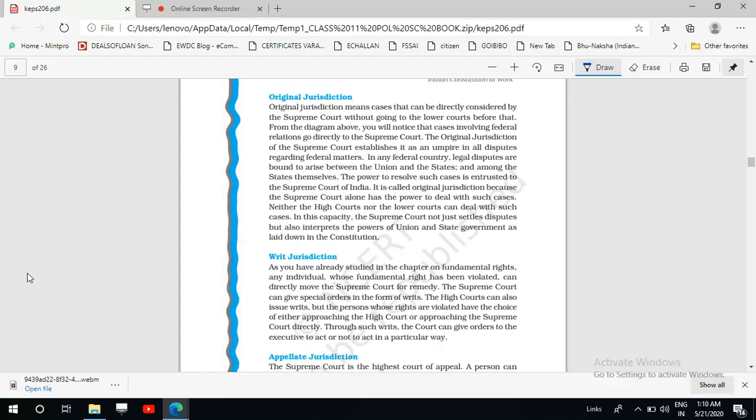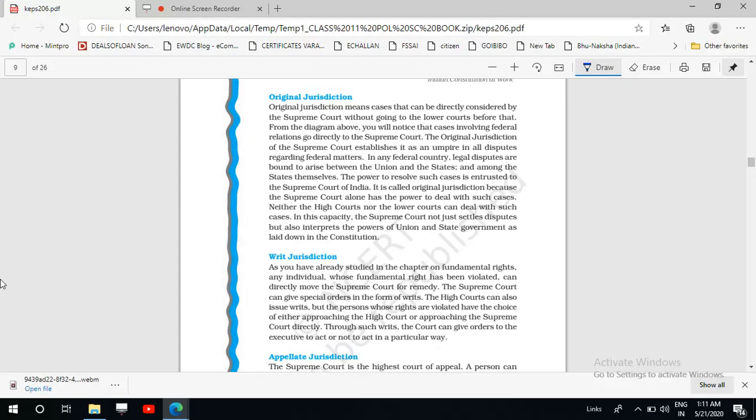The Supreme Court has original jurisdiction in the cases when there is a dispute between the center and one or more states, or the center and any states on the one side, and one or more states on the other.